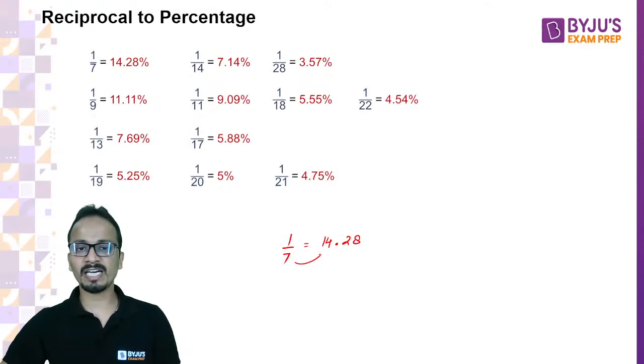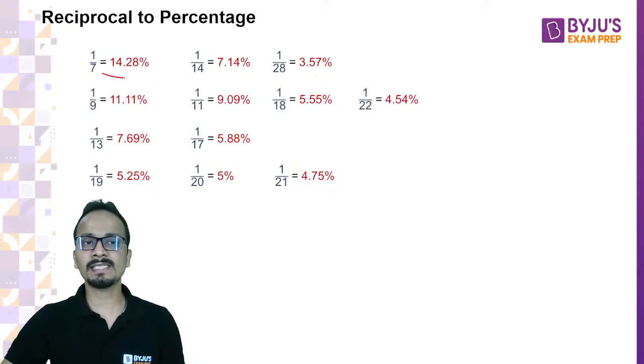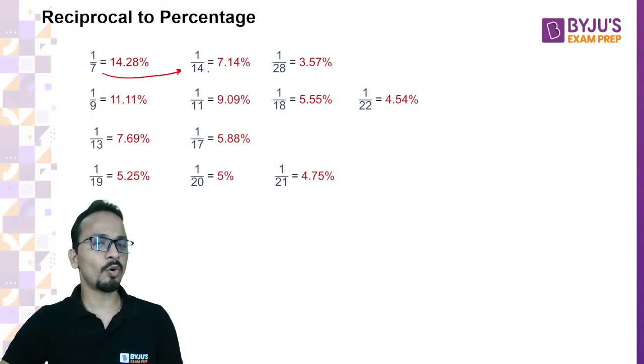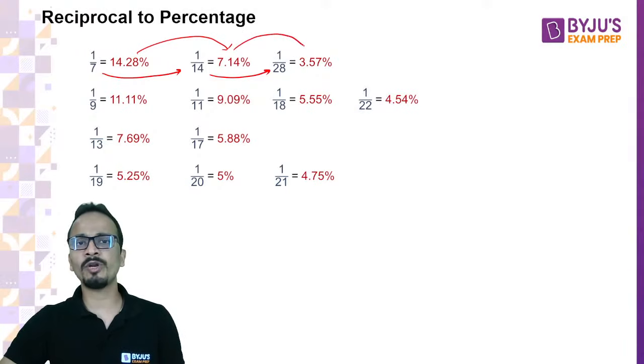So I wrote the double of 7 here and the double of 14 here. So 1 by 7 is equal to 14.28. All right. Now in a similar manner, I'll derive 1 by 14 as well as 1 by 28 by dividing 14.28 by 2, which gives 7.14, and 7.14 divided by 2 is 3.57.